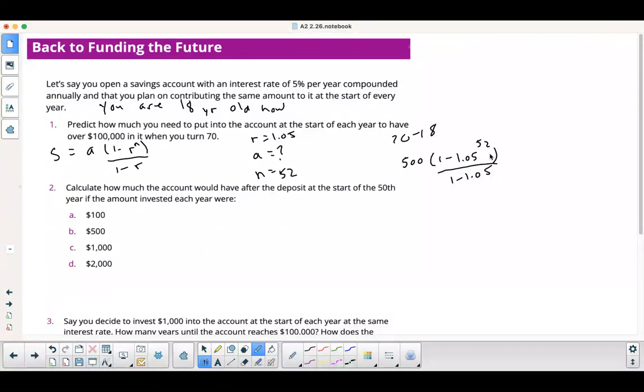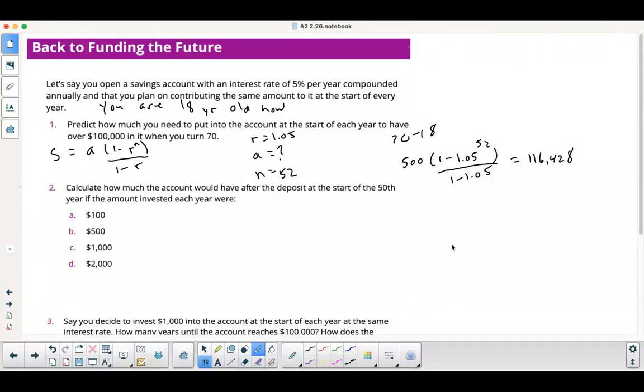So that gives me actually more than I need. That would give me 116,428. So it's probably going to be less than 500. If you want to trial and error a few more numbers till you get it, that would work.